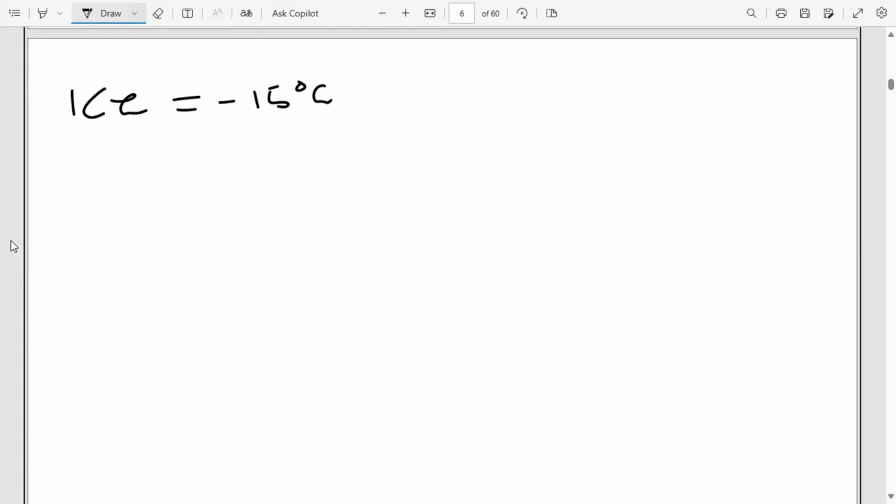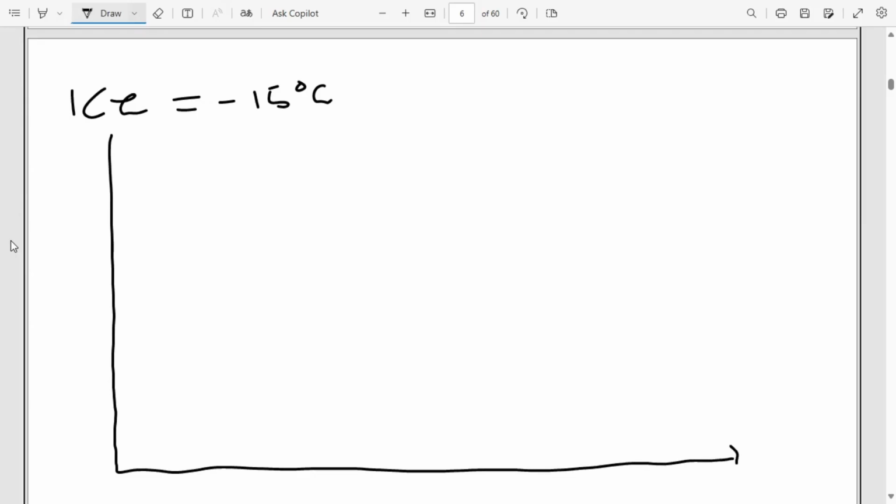You're going to have a graph like that, where here you have temperature, and here you have time, as time is passing. So if you have been given this ice at negative 15 degrees Celsius, this is a solid state, this is water.